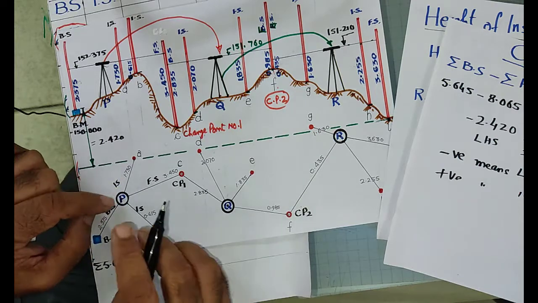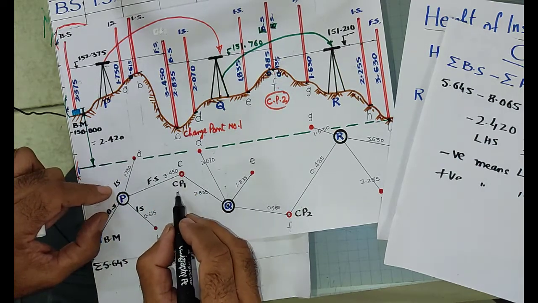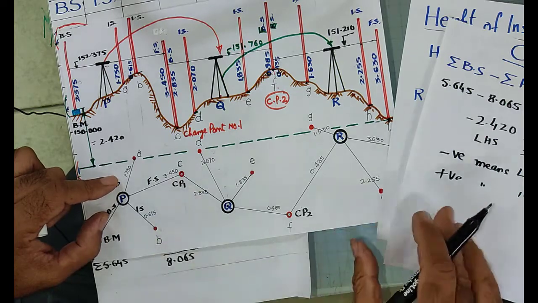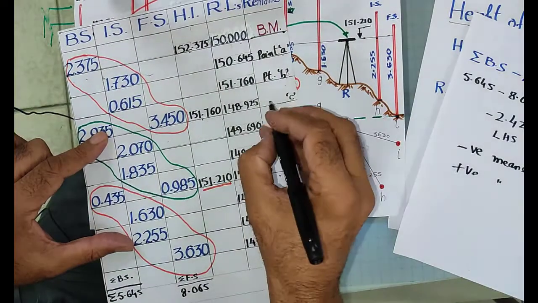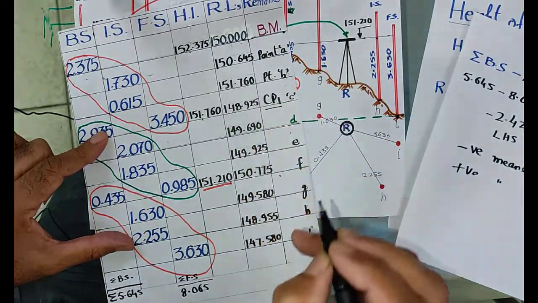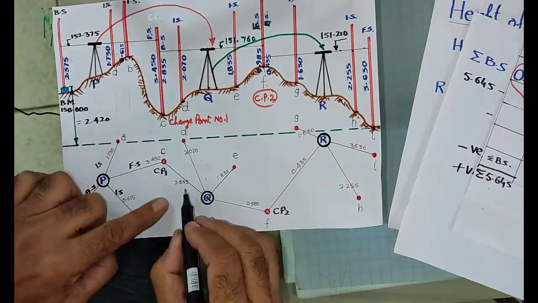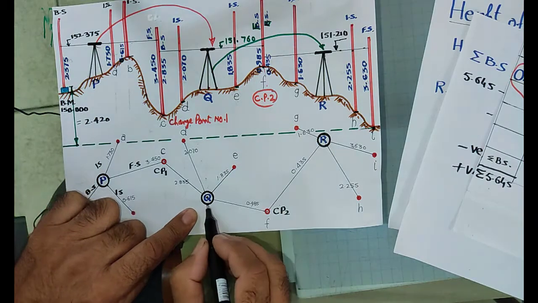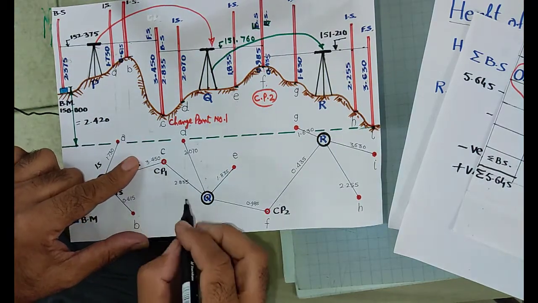So then you shifted the instrument around this point C. This is my change point number 1. You can also record over here C, this is your CP, change point number 1. Similarly, when you shifted the instrument to point Q, you have taken the backsight on the same point, because it is a change point.